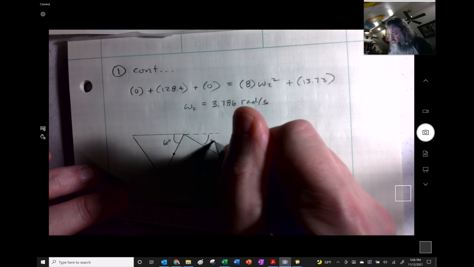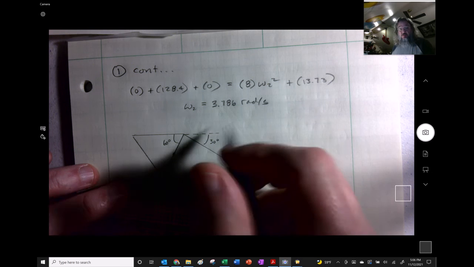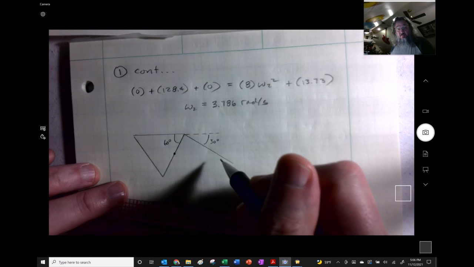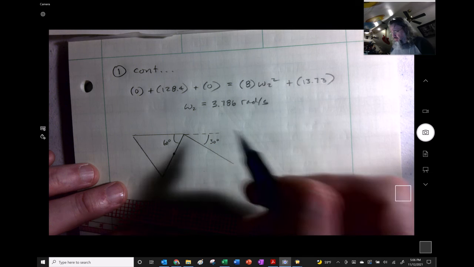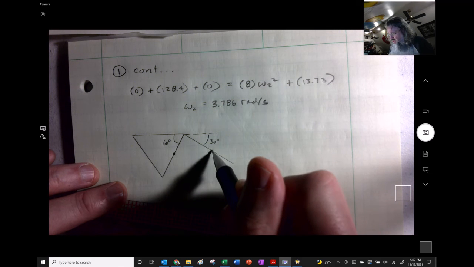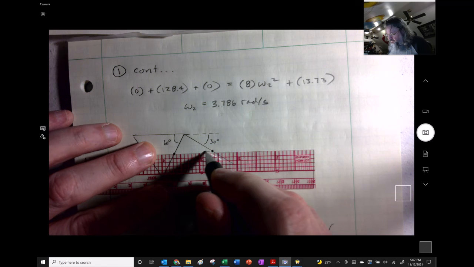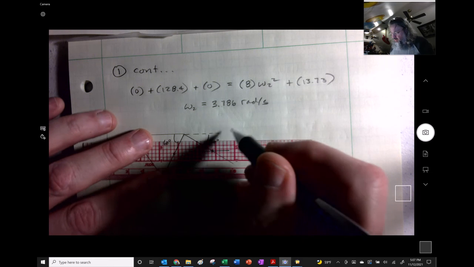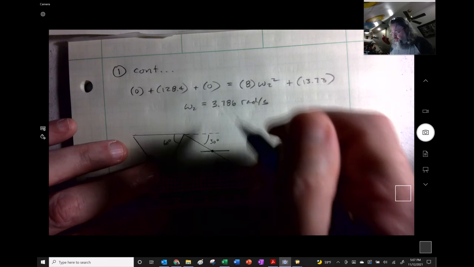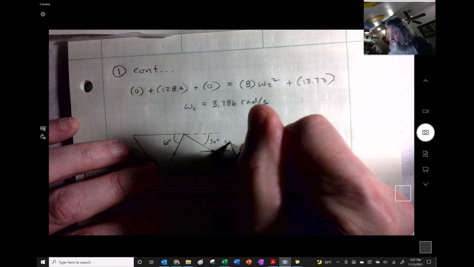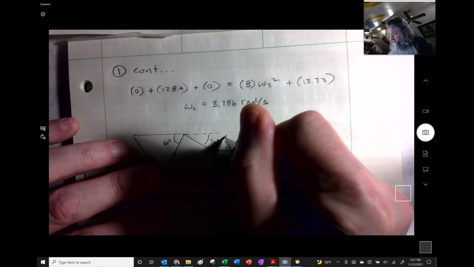Here was the 30 degrees, right? Which had a height right here, we could measure it off of this, equal to 0.5 right there, right?